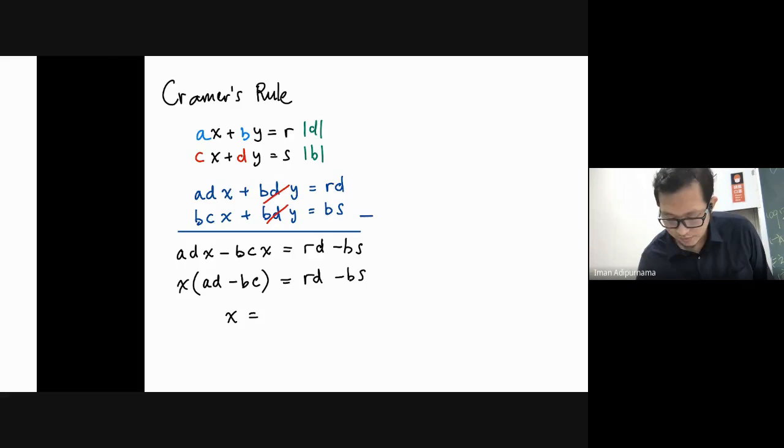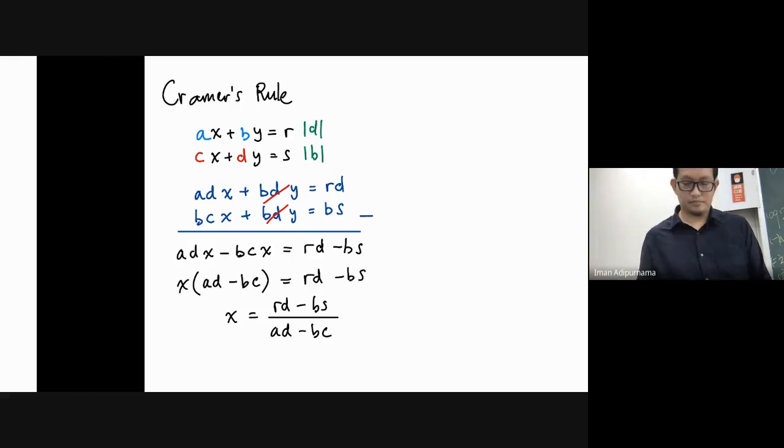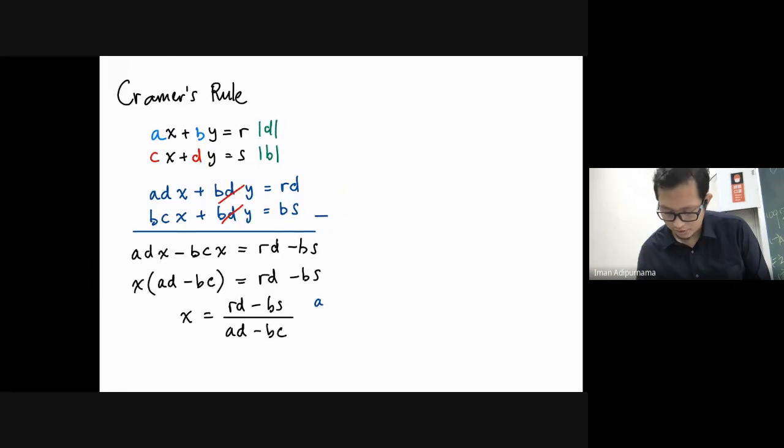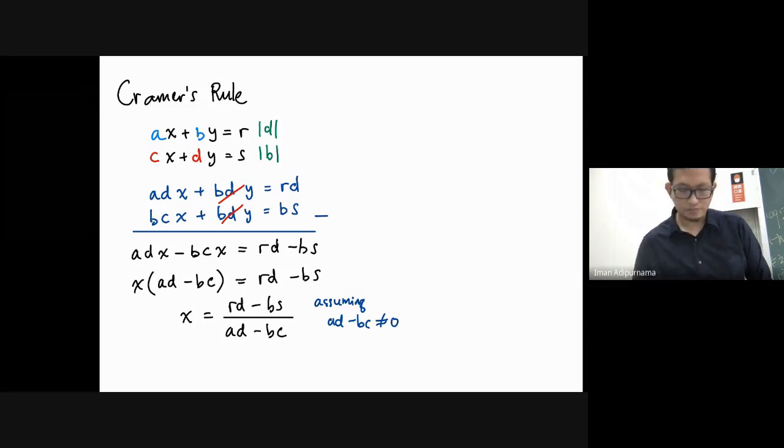So x will be, okay, and this is assuming, let me write to make clear, assuming a d minus b c is not 0.